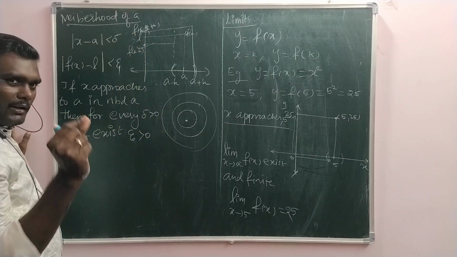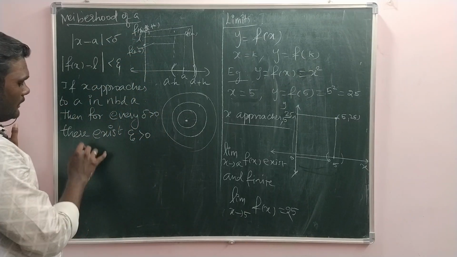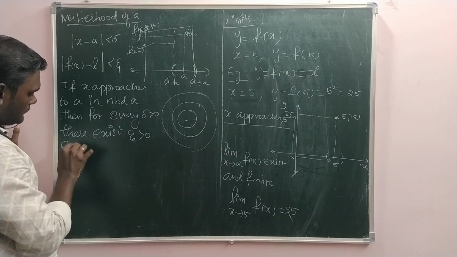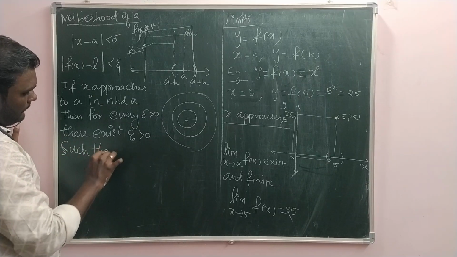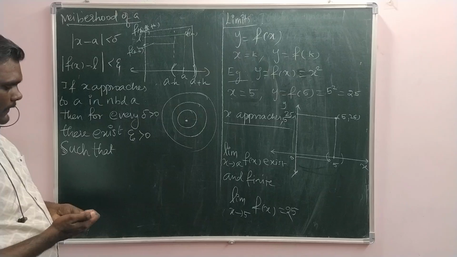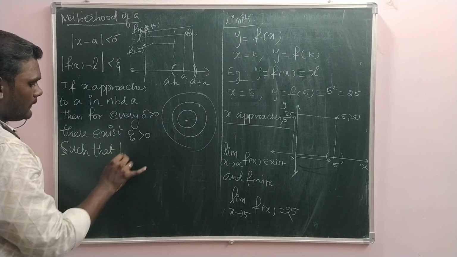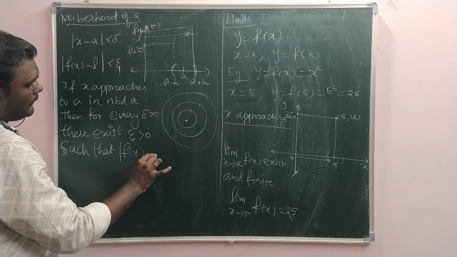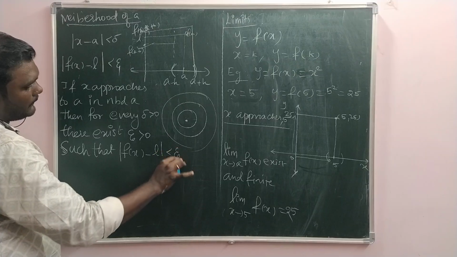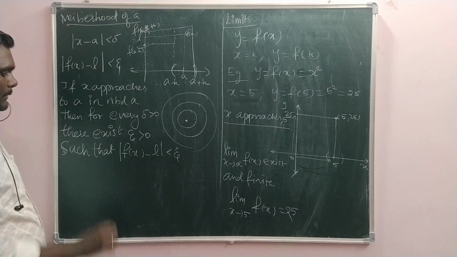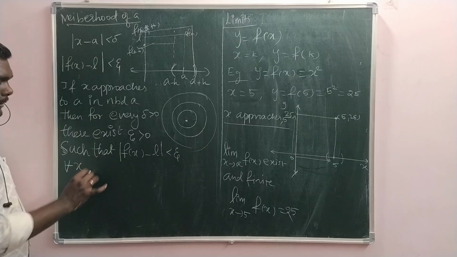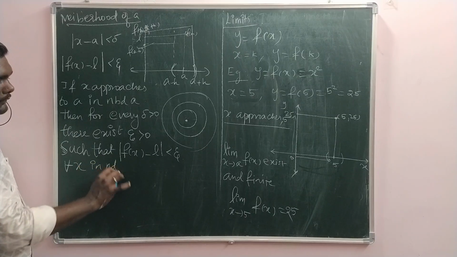That epsilon is a small radius or small distance, like we call it, such that modulus of f of x minus L is less than epsilon. This happens for all x in the neighborhood of a.